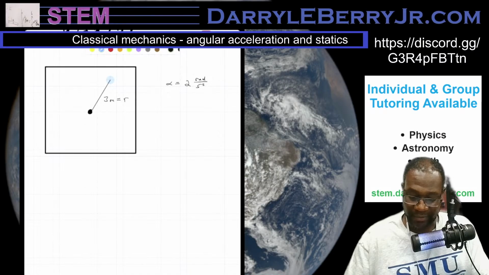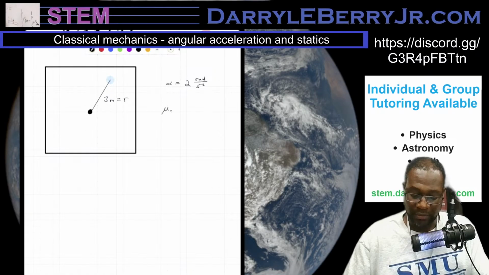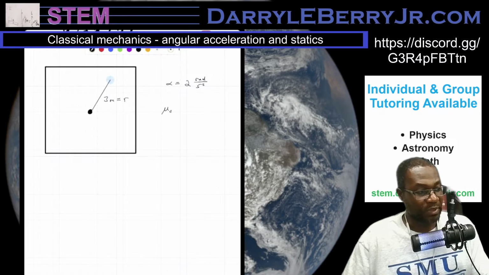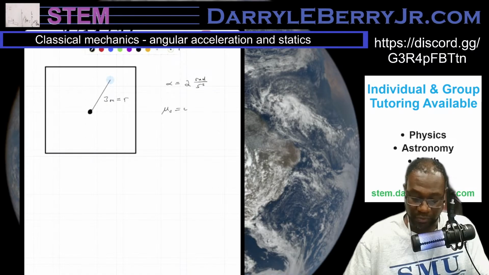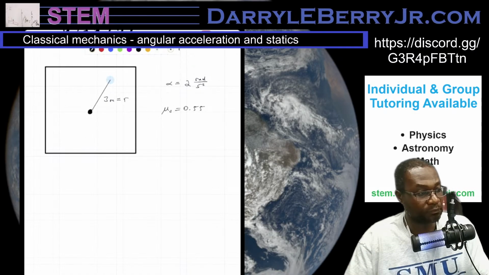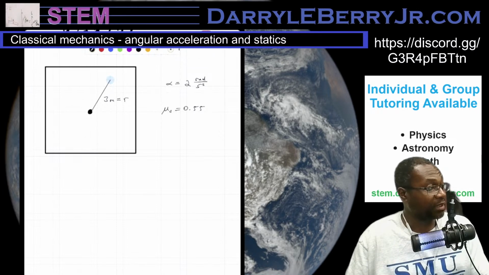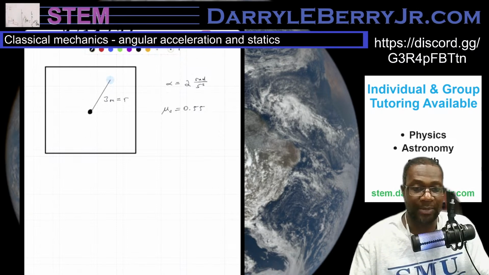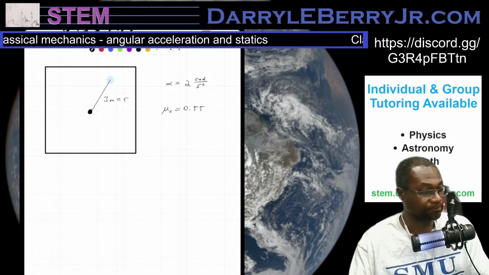And let's say it has a coefficient of static friction. So let's say the coefficient of static friction is 0.55. Right? So let's see what things we can learn about this object.